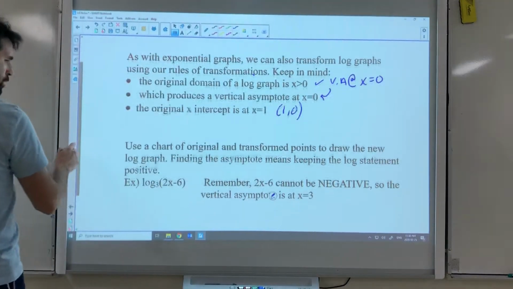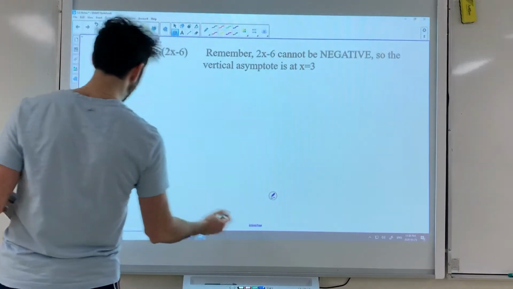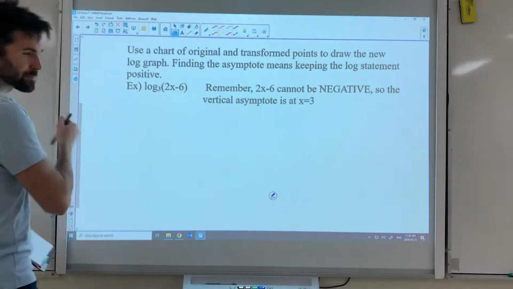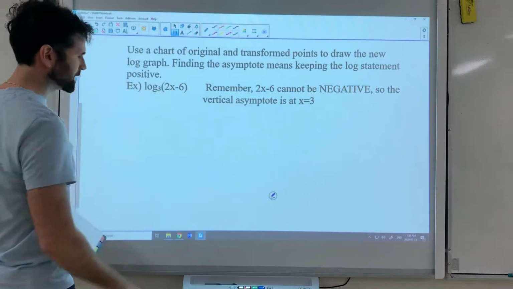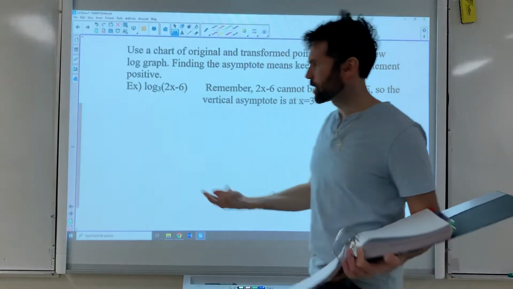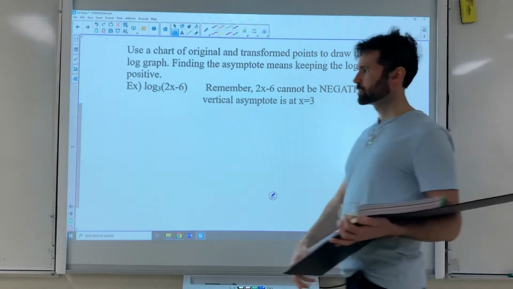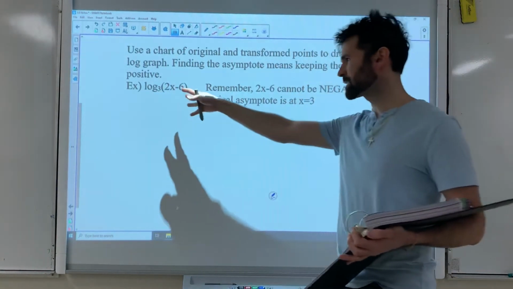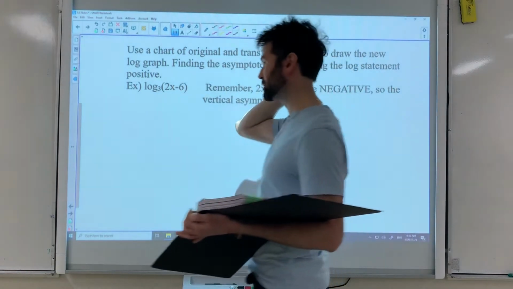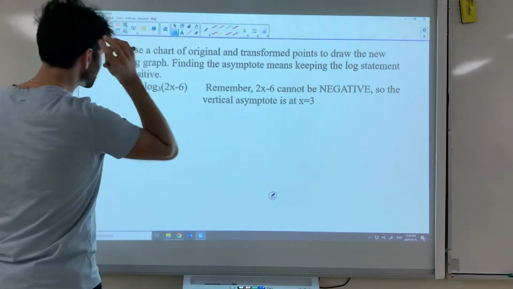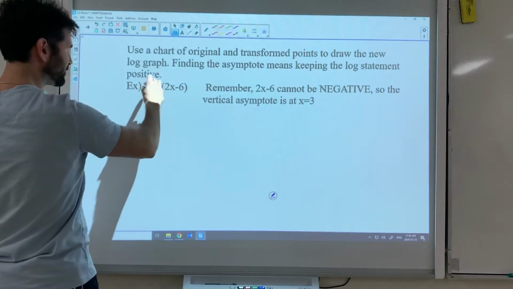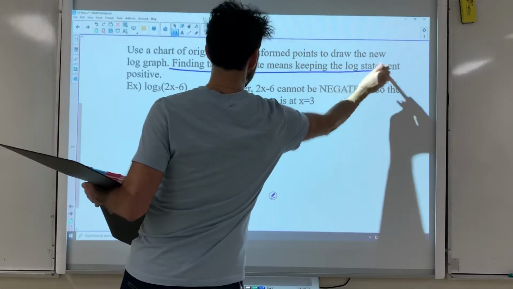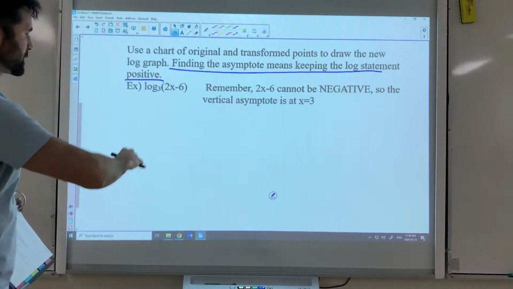Now, they don't get quite this tricky. For graphing, sometimes on the exam, they'll give you something a little tricky like this, and they might say, where's the vertical asymptote of this graph? So they're not asking us to graph it, although we will graph this one for fun. Find the asymptote means keeping the log statement positive. So that's what this question is asking us.